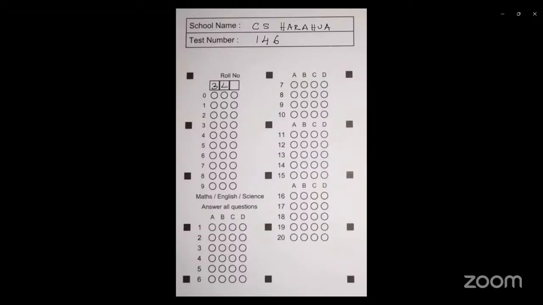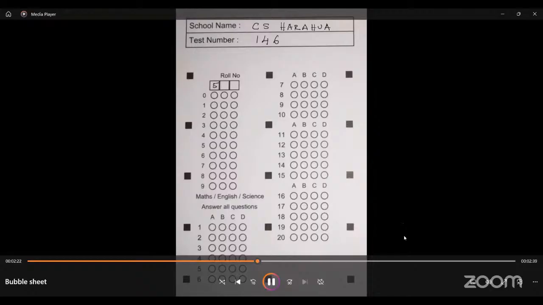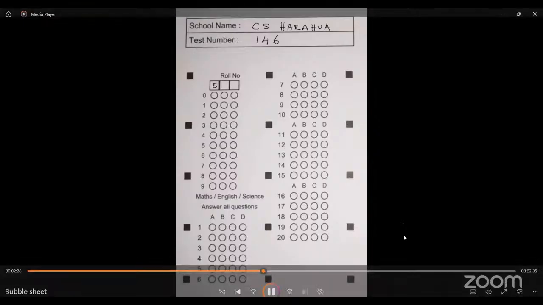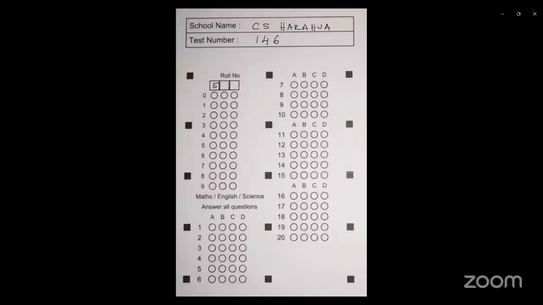In case your roll number is only single digit, for example 5, you should write like this. Hope this is clear. The roll number, test number, school name are all examples that I have given. You should write the actual ones for your school and your roll number. Don't do anything on the roll number bubbles below that, 0 to 9. Don't do anything on that.